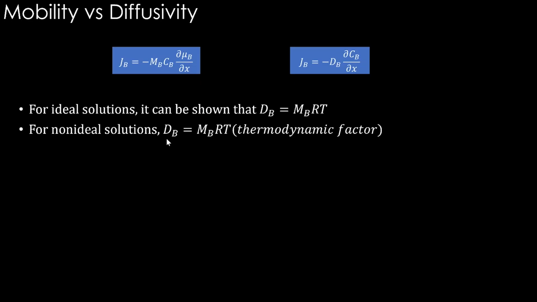In the ideal case, the thermodynamic factor will not be there, but in the non-ideal case, there is a thermodynamic factor that you may not know just by measuring the diffusivity. But if you focus on extracting the mobility from that, then you are basically dismantling the diffusivity into the mobility part and the thermodynamic factor. So you can see diffusivity has this mobility part and thermodynamic factor.